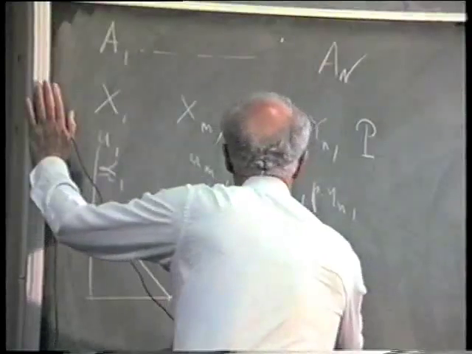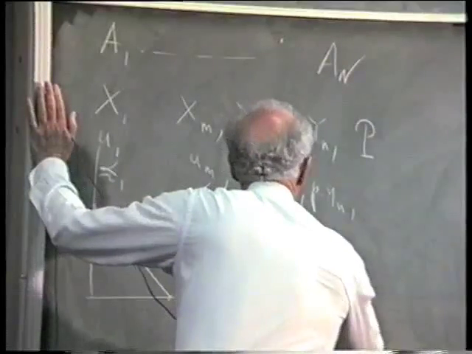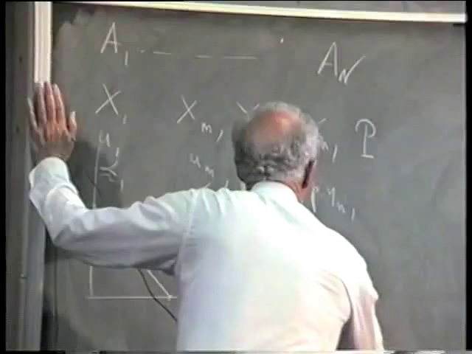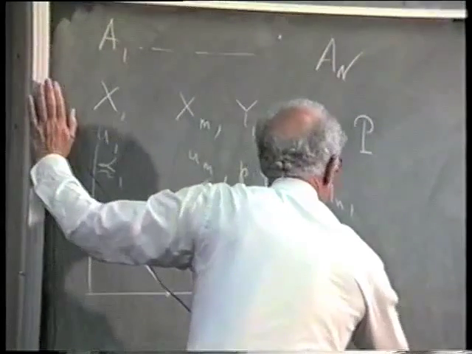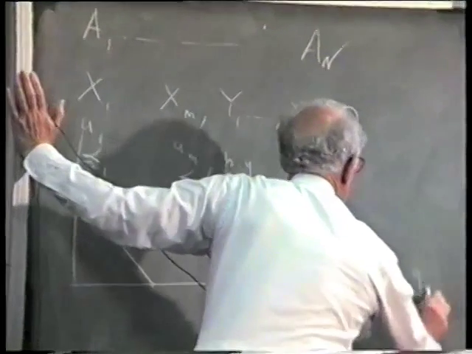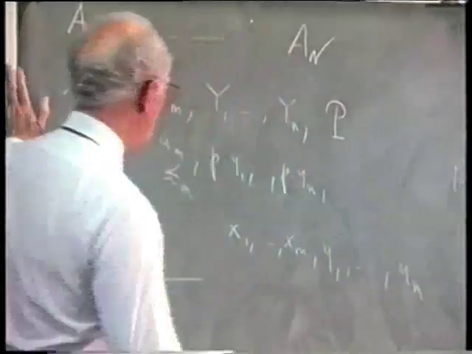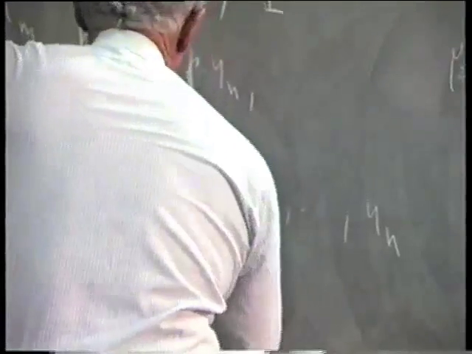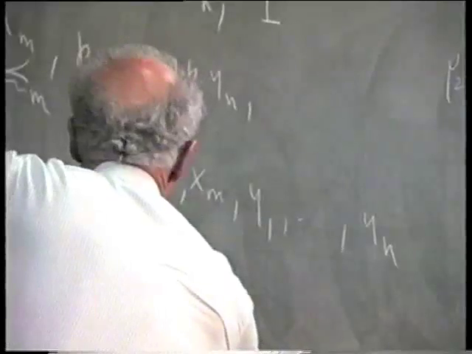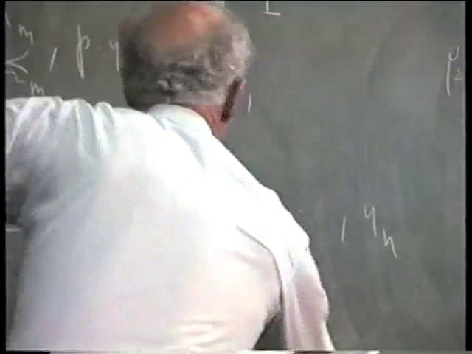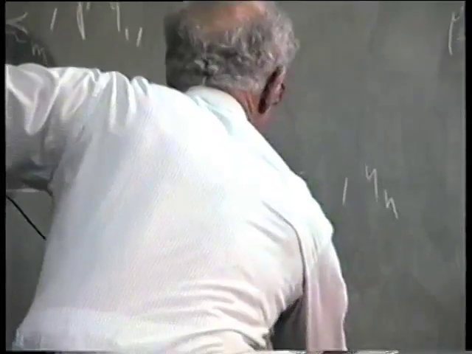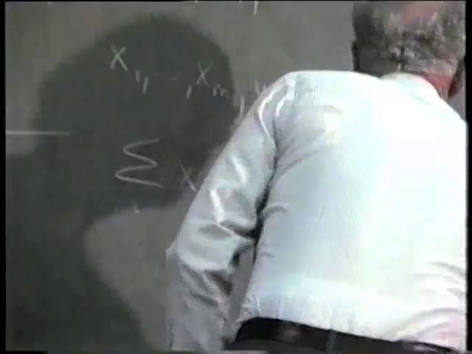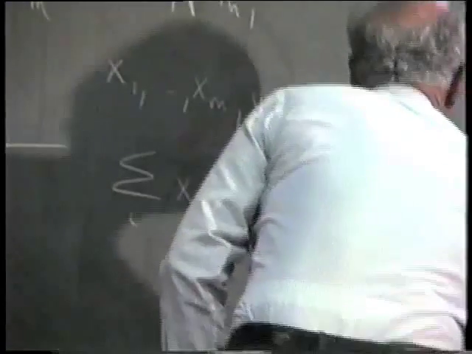Suppose that the first agent has chosen X1, the nth Xn, the first producer Y1, Yn. Then when all those agents have made those choices, there results for the economy an aggregate excess demand, which is the summation of the Xi minus the summation over j of the Yj minus the summation over i of the ei.